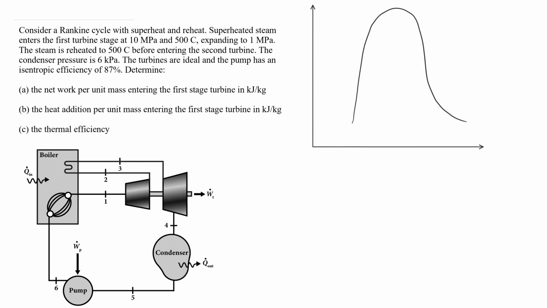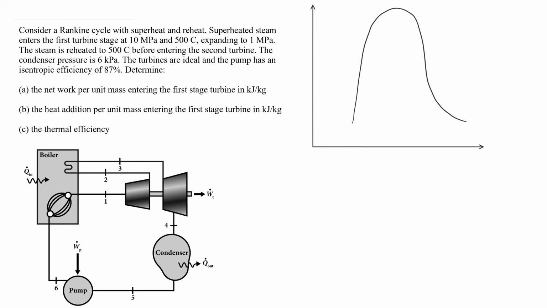Okay, so now let's look at state number 1. So we know that the pressure is 10 megapascal, and the temperature is 500 C. At state 2, my pressure is 1 megapascal, and my temperature is unknown.